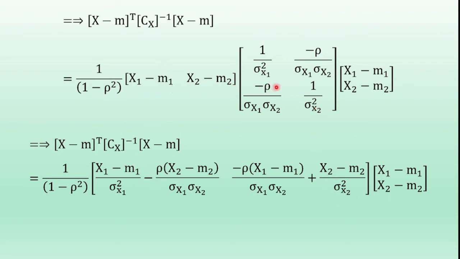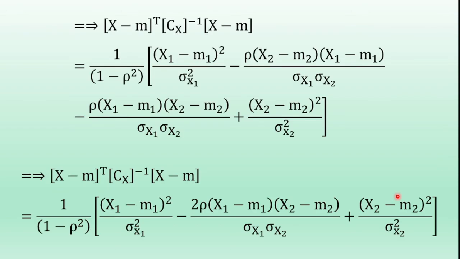That is, multiplying these two matrices we have x1 minus m1 by sigma x1 square minus rho x2 minus m2 by sigma x1 sigma x2, minus rho x1 minus m1 by sigma x1 sigma x2 plus x2 minus m2 by sigma x2 square, into x1 minus m1, x2 minus m2. Now multiplying these two matrices, this matrix order is 1 by 2, this matrix order is 2 by 1. So multiplying 1 by 2 and 2 by 1 matrices, the resultant matrix order is 1 by 1. That is this value into this plus this value into this.